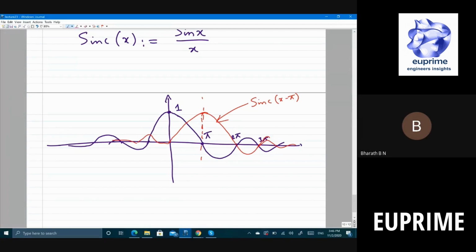Now, if you multiply sinc x and sinc x minus pi and integrate, what do you get? If I integrate these two from minus infinity to infinity, what do you get?